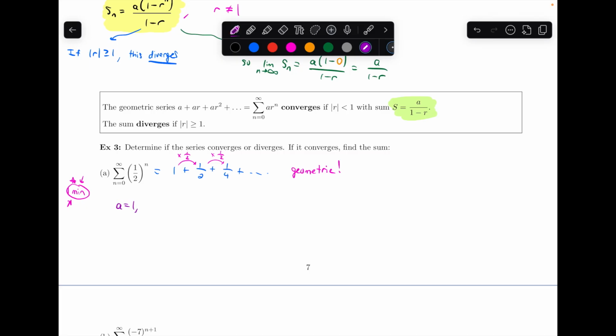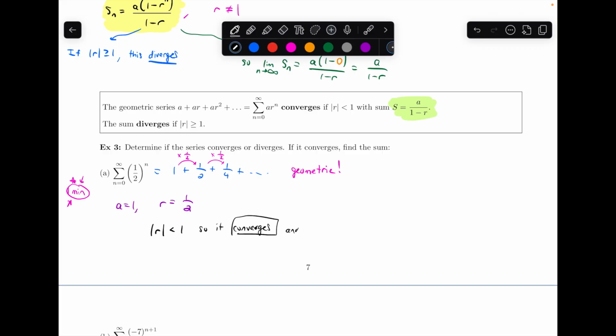Okay, so hopefully you paused it to try it. The first term is 1. r is 1/2. The thing I care about is that the absolute value of r is also 1/2. That's smaller than 1. So it converges.